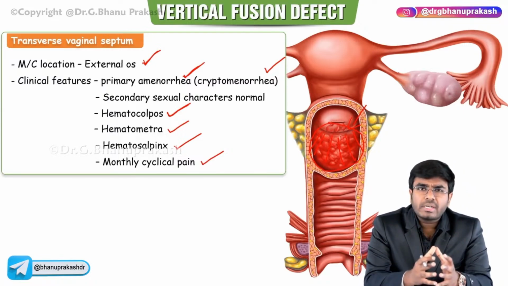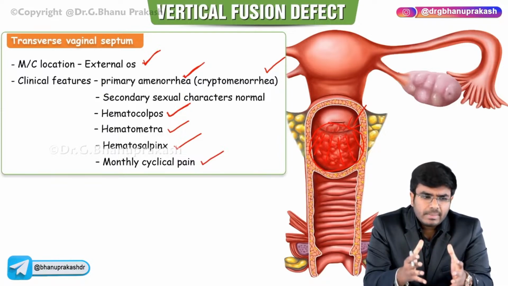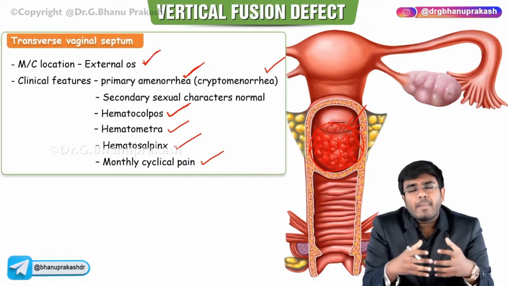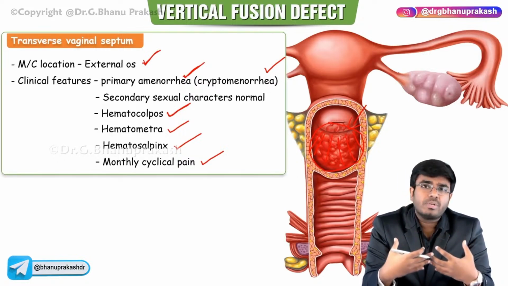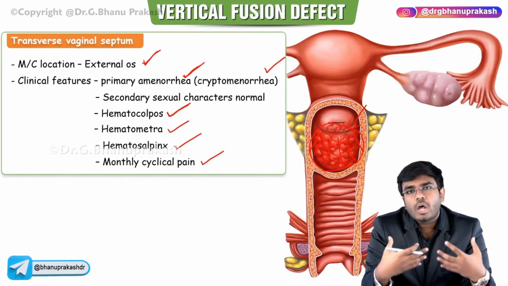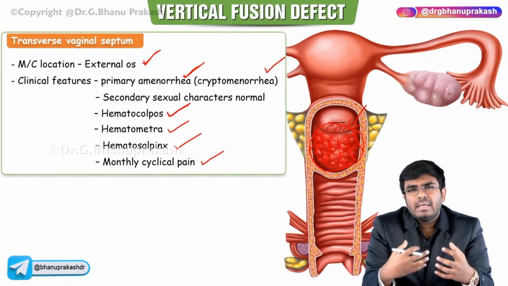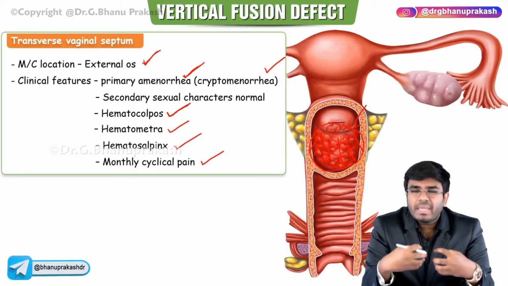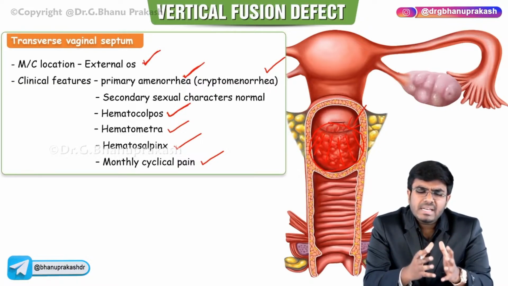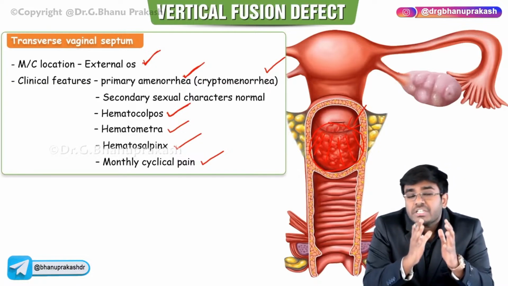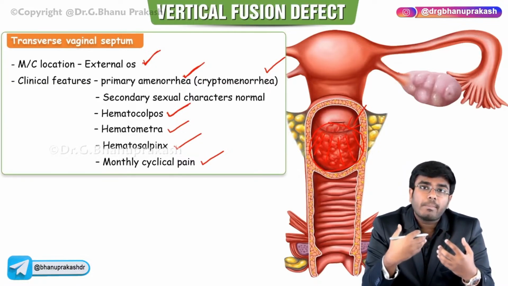By the age of 15, she will say, doctor, I am not having periods. I have reached puberty, but still my periods have not begun. But every month, I feel like I am having very much pain. Cyclical pain is there, but she is not having menses. Actually, she is having menses, but they are not coming out.